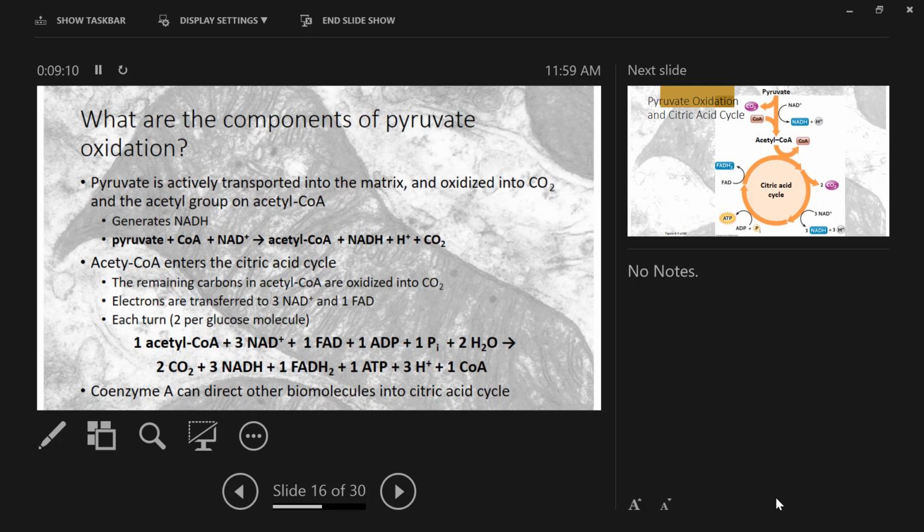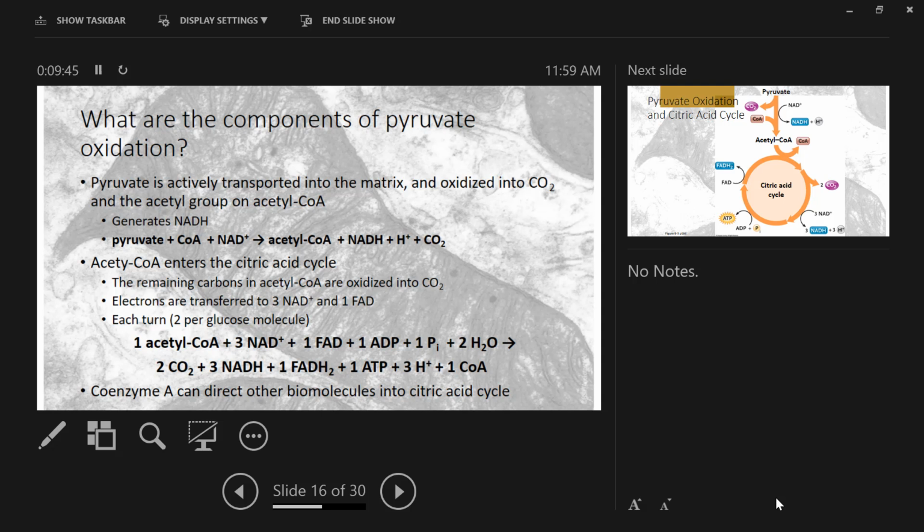For the Krebs cycle, we have 8 reactions, and you don't need to know any of that. Well, I shouldn't say you don't need to know any of that. You need to know the extra stuff that happens, right? You need to know that we're producing 1 ATP every time we do the Krebs cycle, which we're going to do twice for every 1 glucose molecule. You need to know that we're producing 3 NADH for every 1 cycle, but we're going to do it twice for every 1 glucose. So you need to know these extras, but you don't need to know the enzymes or what you're starting with or what you're ending with.